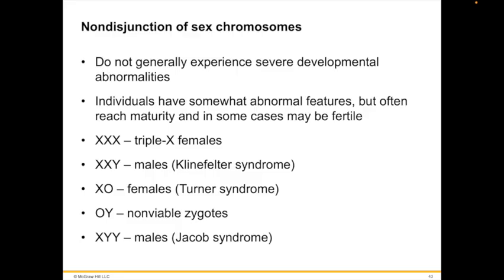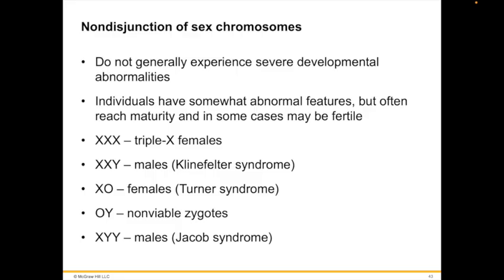The effects are more serious for XXY and XO zygotes. An XXY individual develops as a male with many female body characteristics and in some, but not all cases, diminished mental capacity. This condition, called Klinefelter syndrome, occurs in about 1 per 1,000 male births.